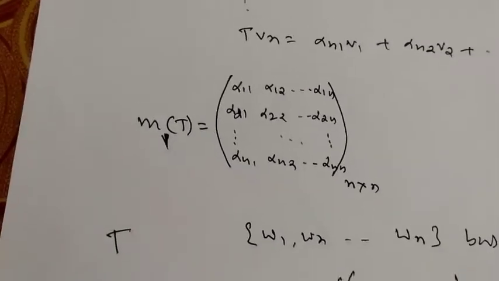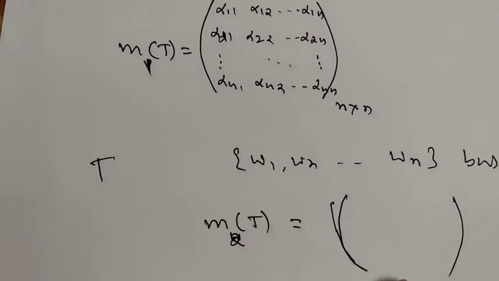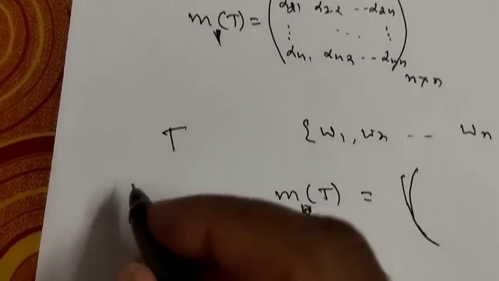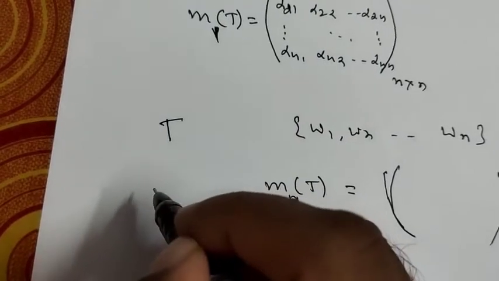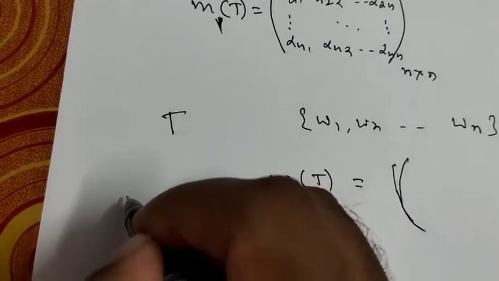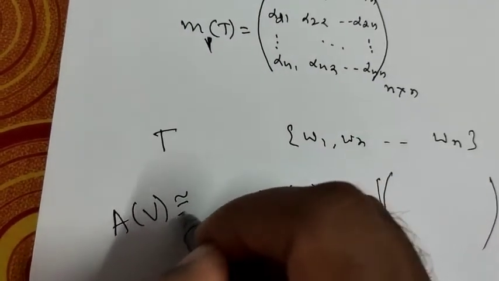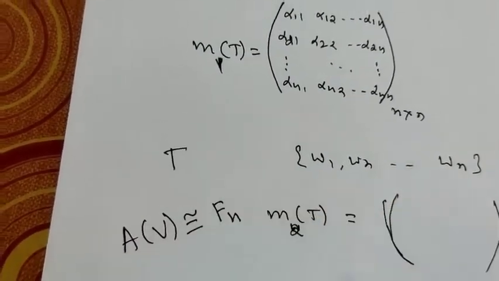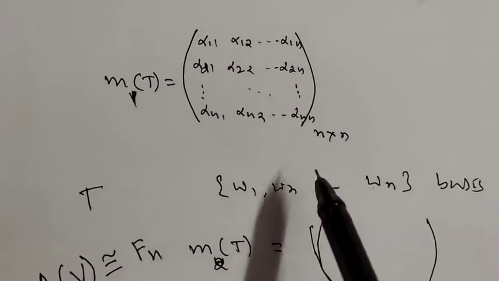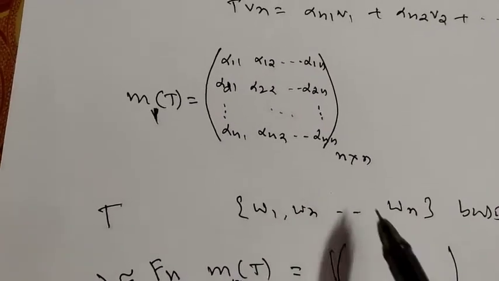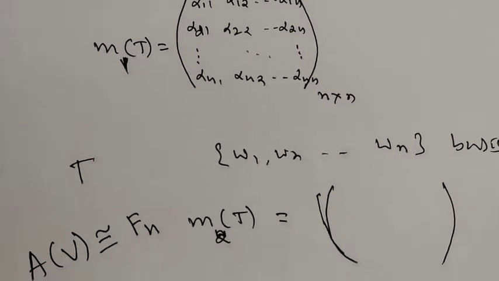Now if both represent the same linear transformation T, and we have also proved that the collection of all homomorphisms or linear transformations on V, denoted by A(V), is in fact isomorphic to Fn. So now we have two matrices depending on the different sets of basis elements.